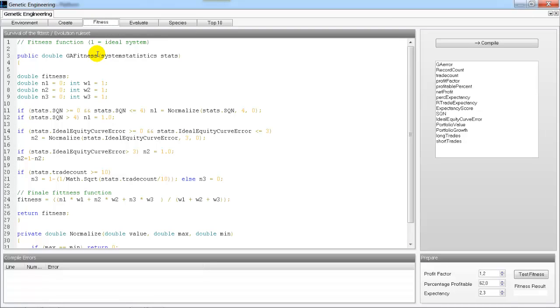And here's another big improvement which I needed to code into my platform, because most fitness functions just let you choose between the main trading system parameters like profitability, like profit factor, like highest percent of profitable trades.